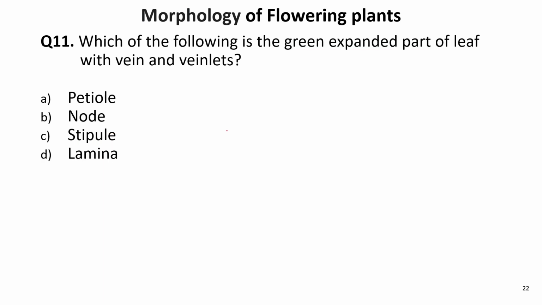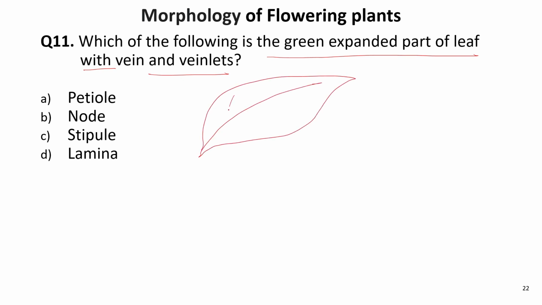Okay, next question. Which of the following is the green expanded part of the leaf with veins and veinlets? So if I draw the structure of a leaf like this, then which of the following is the green expanded part of the leaf?